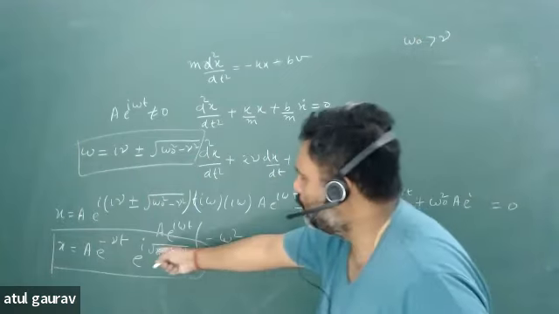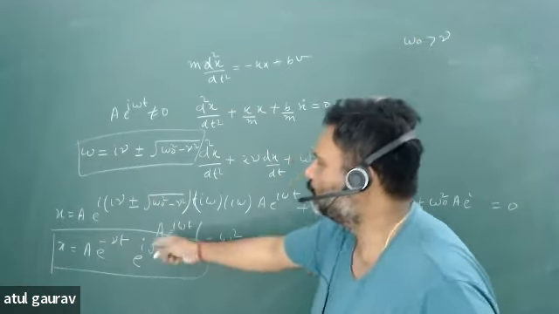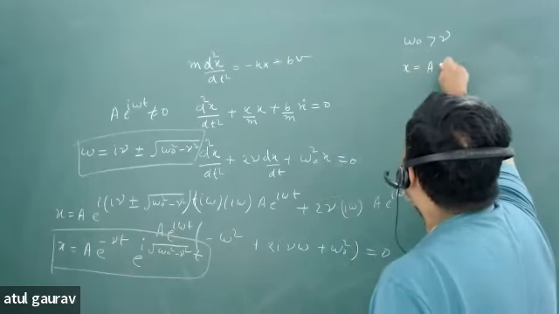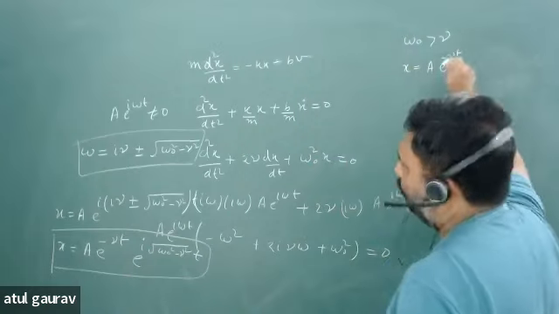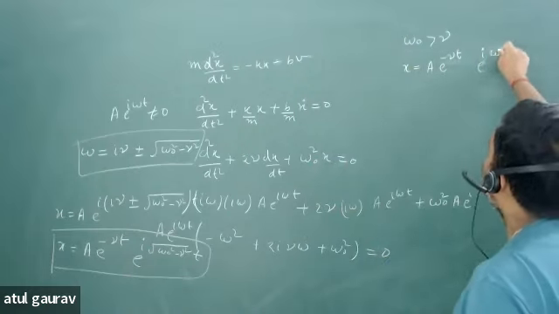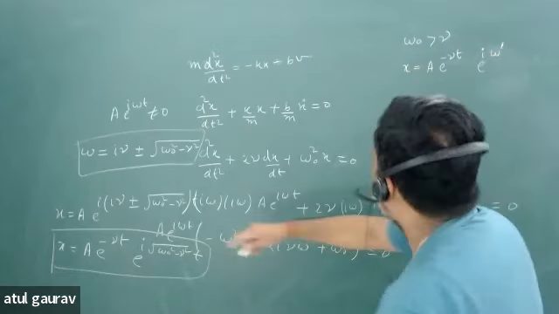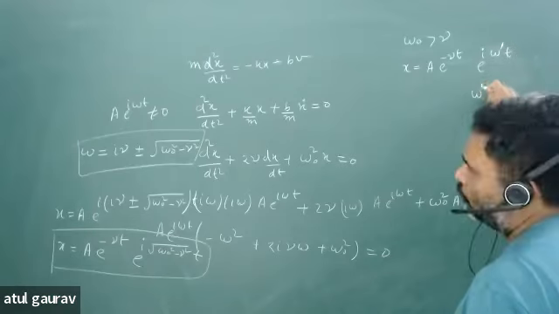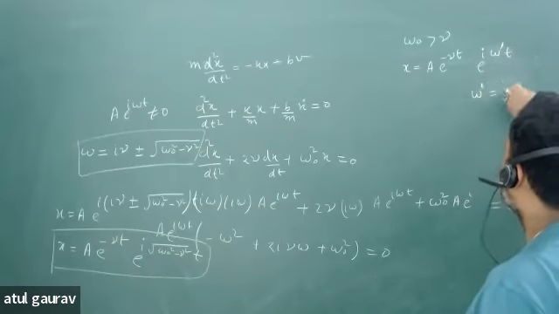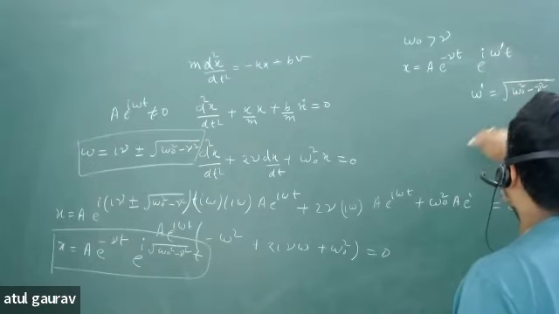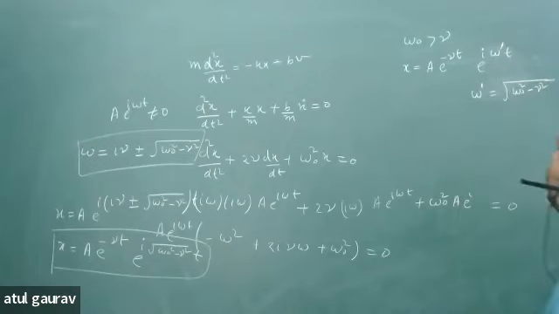If omega naught is greater than gamma, then this value is positive. So you have x is equal to a e to the power minus gamma t and e to the power i some omega dash. And what is your omega dash? Omega dash is equal to omega naught square minus gamma square. This is my omega dash.